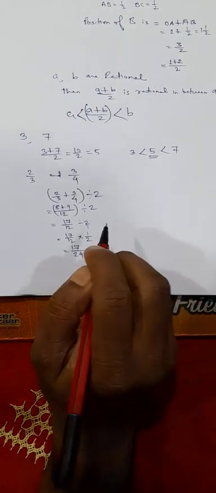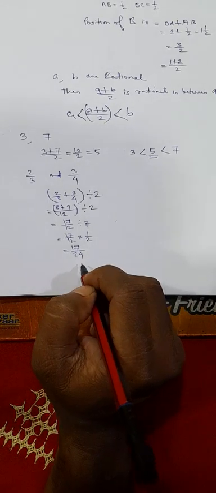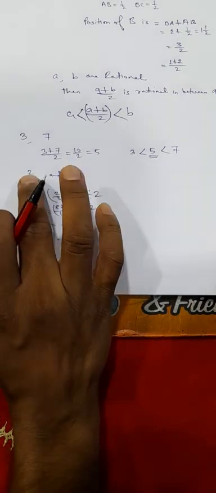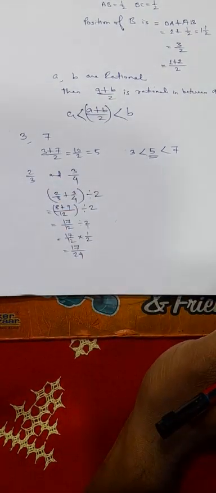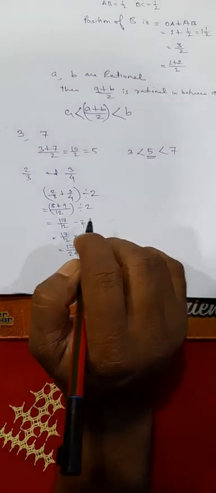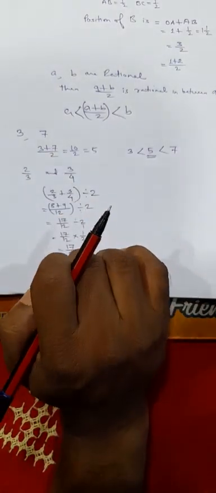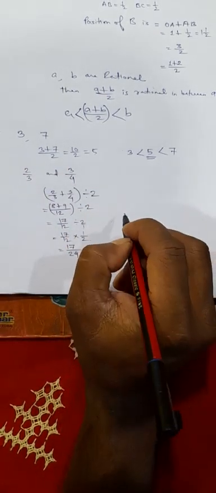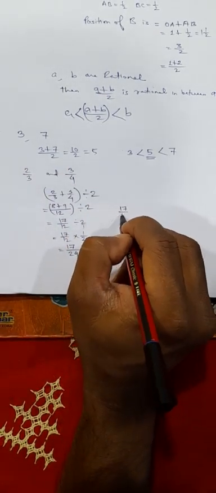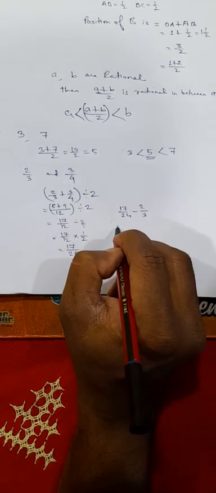Now 17 by 24, does it lie in between 2 by 3 and 3 by 4? Okay, can we check it? So how will you find this? Whether this number is greater or this number is greater, find their difference. Now you see 17 by 24 minus 2 by 3.